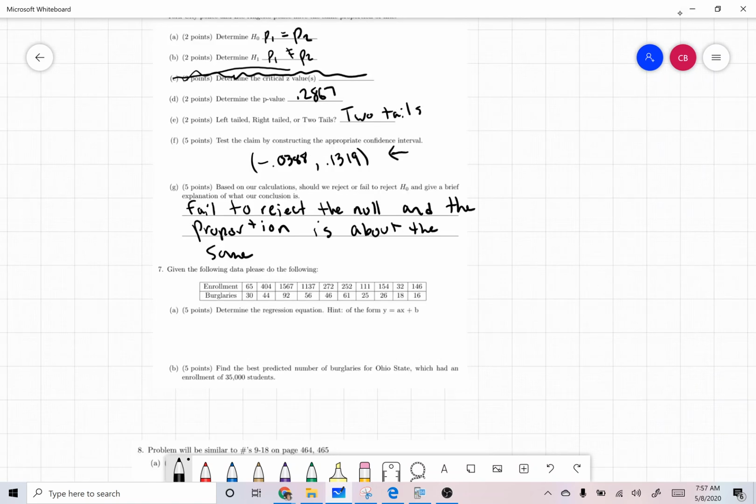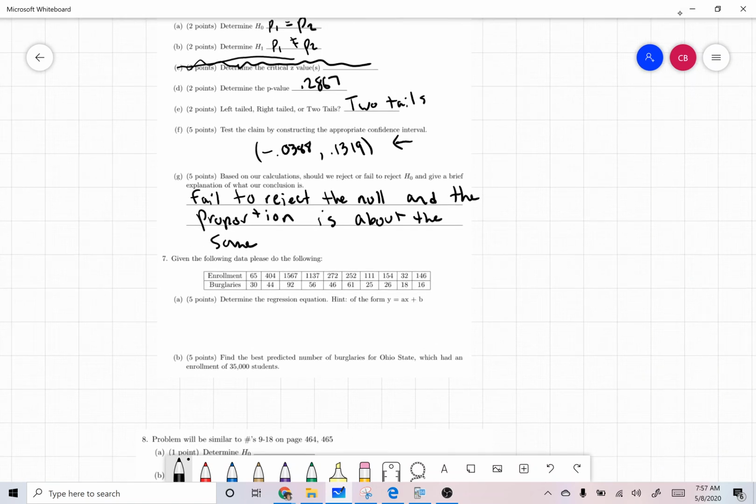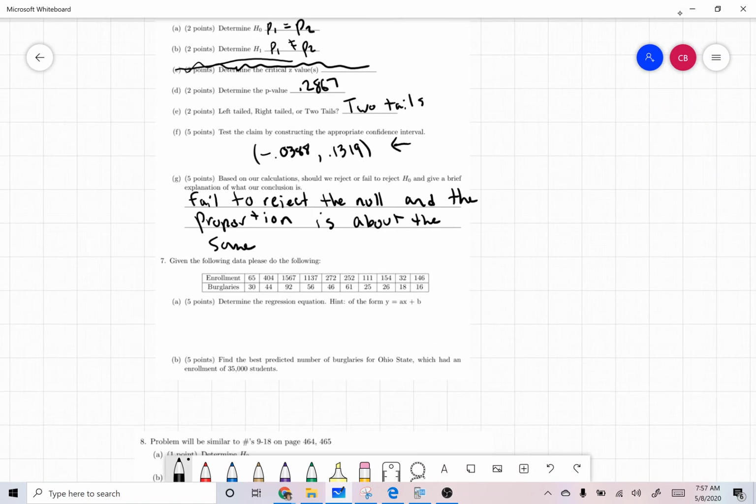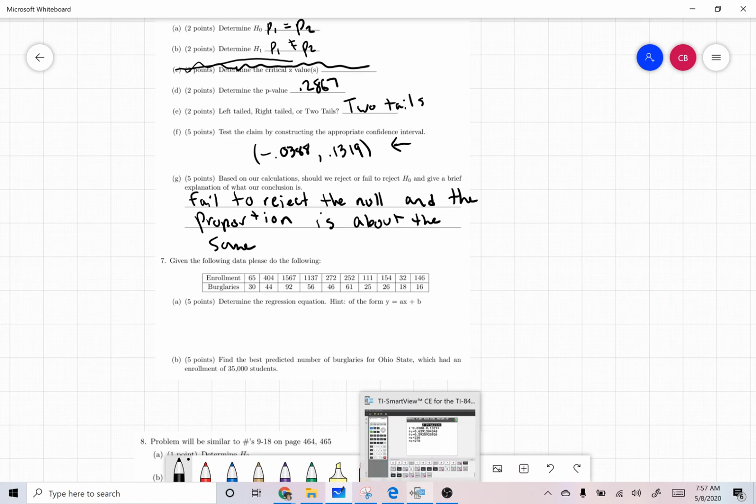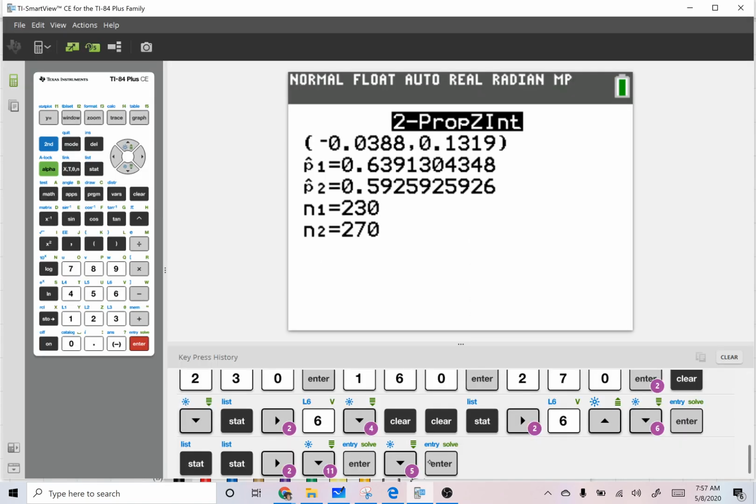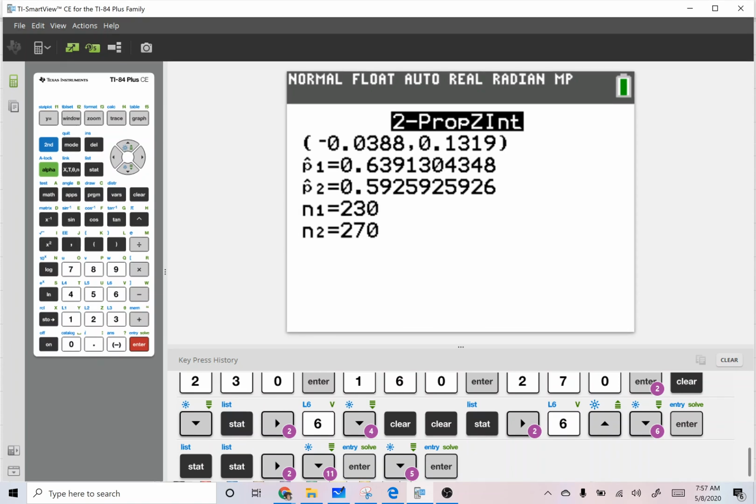Okay. For the next one, we're going to use the calculator, so we're going to have to enter all these values.